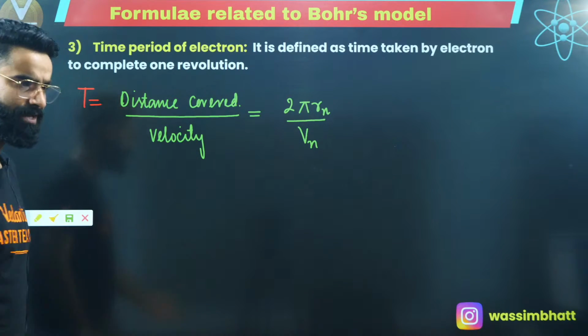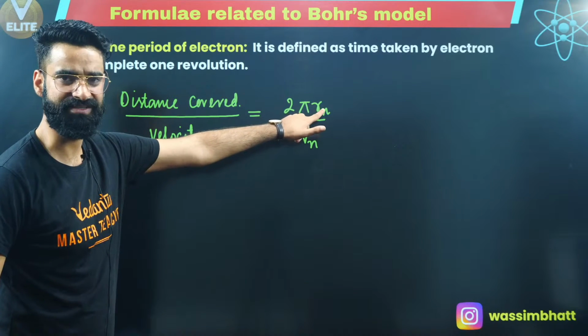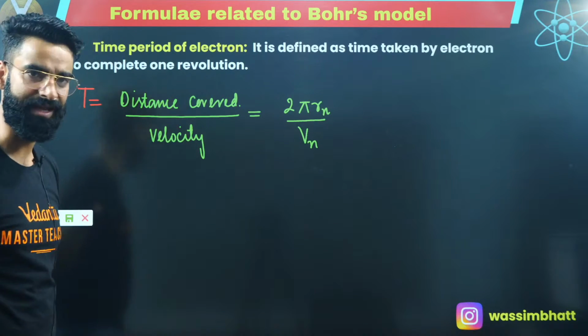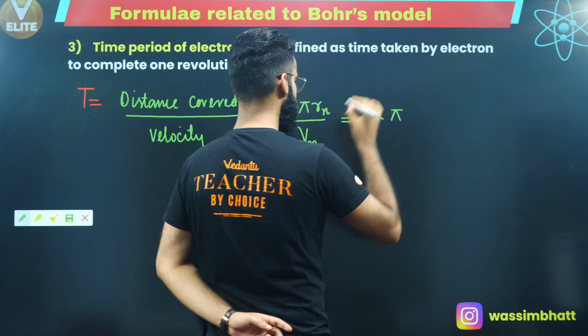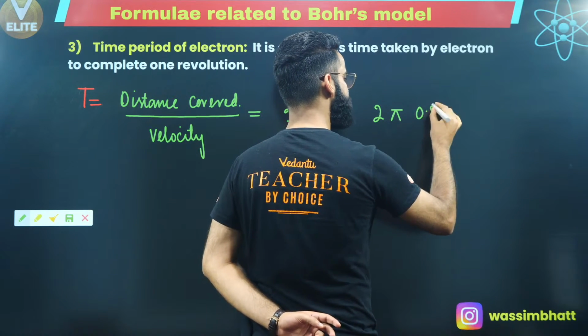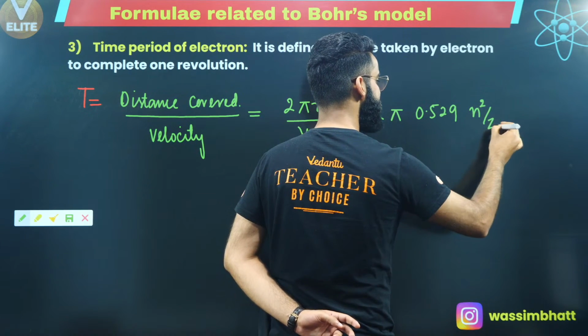I'm assuming the electron is in the nth orbit. The radius of the electron in the nth orbit is represented by Rn. The velocity of the electron in the same nth orbit is represented by Vn. Now put the values. It is going to be 2 multiplied by pi. Instead of Rn, I'll be writing 0.529 n square divided by z angstroms.